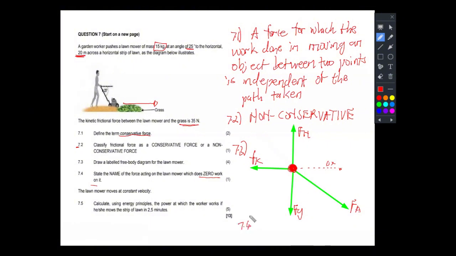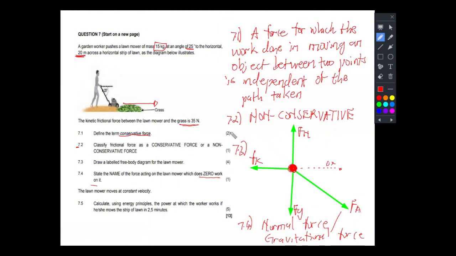So your conservative forces in this case are the ones that will be doing 0 work. So it is either the normal force or the gravitational force. Either one of these two would be correct.